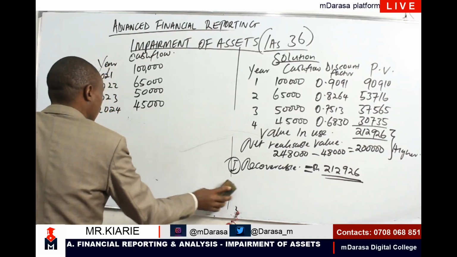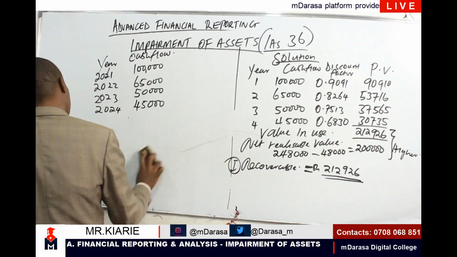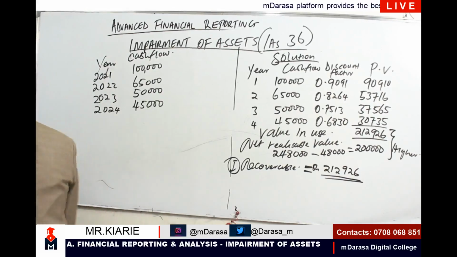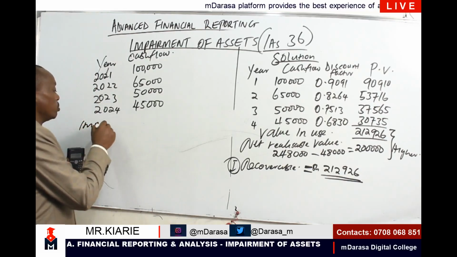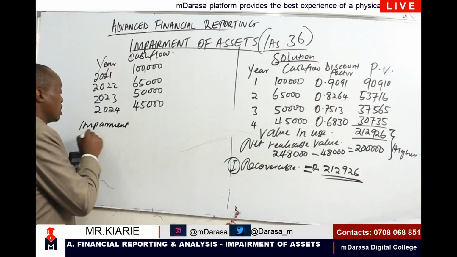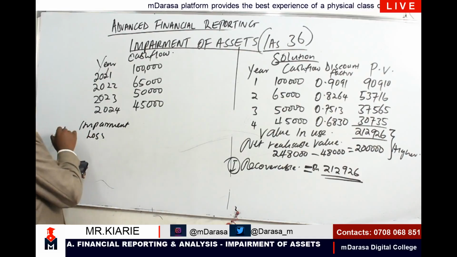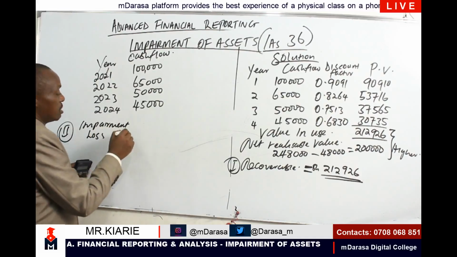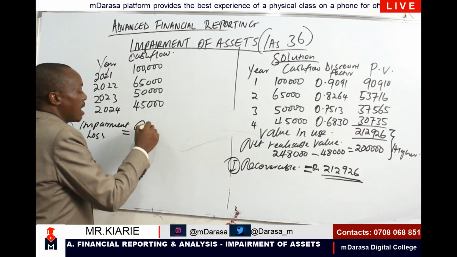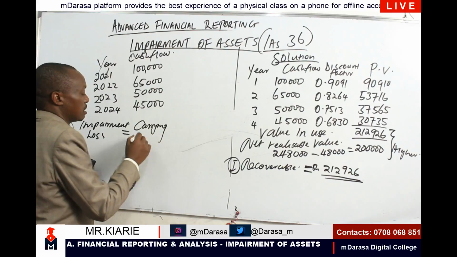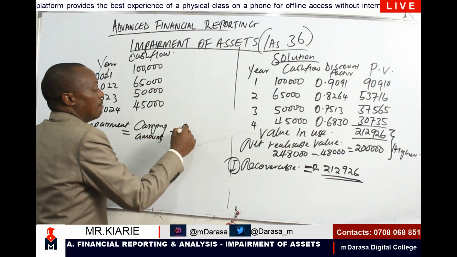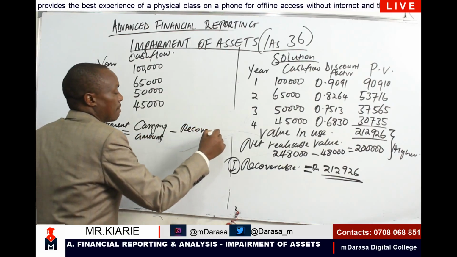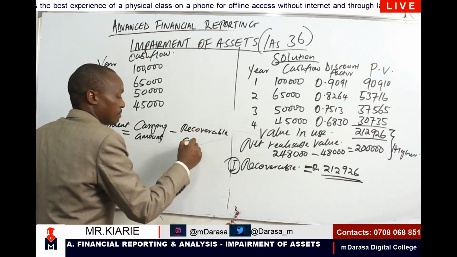It is not a must that the asset has suffered impairment, and therefore we say impairment loss is given by the carrying amount of the asset minus its recoverable amount.